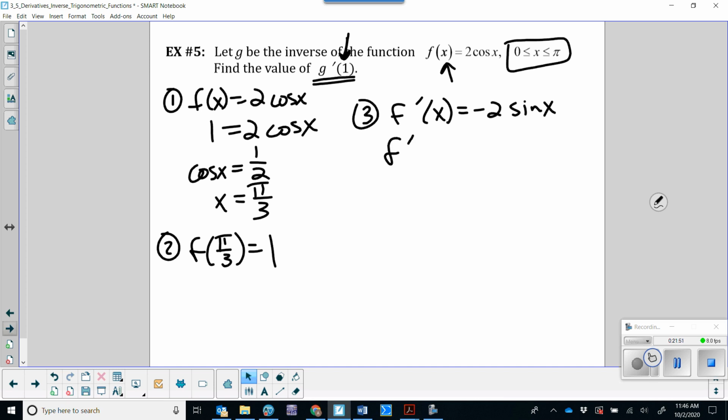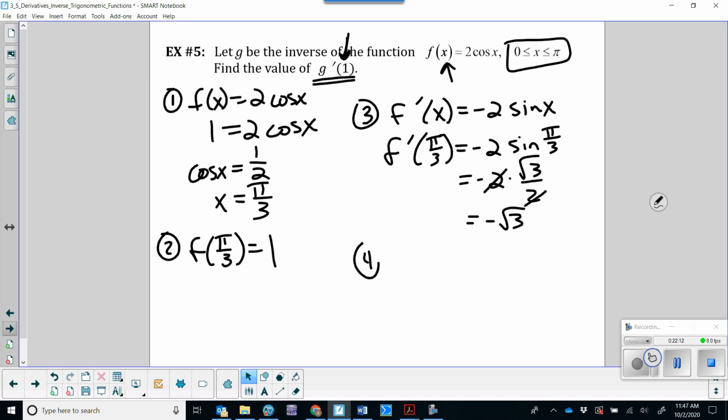So f prime at pi over 3 would be to plug in pi over 3. So I would get negative 2 sine of pi over 3. Sine of pi over 3 is square root of 3 over 2. So those will go away. I get negative square root of 3.